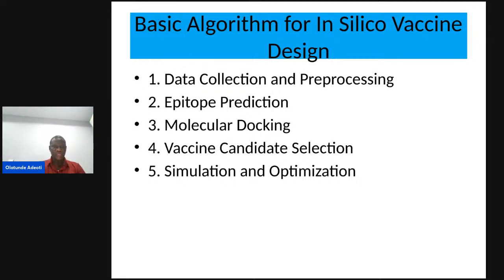And we now move to vaccine candidate selection. That is the level you are going to construct. You must have gotten your vaccine candidates at that point in time. You must have gotten the compound.